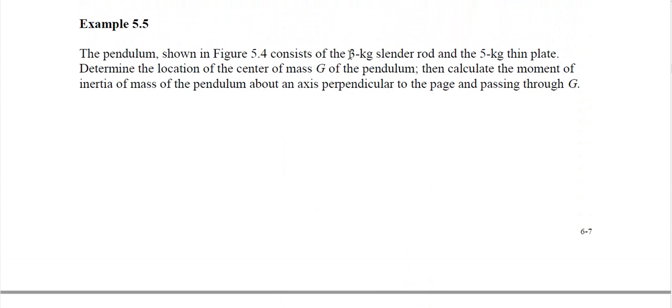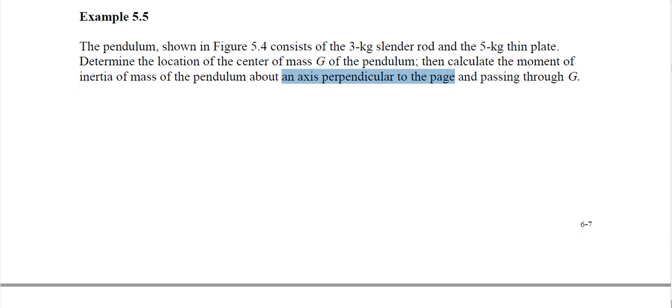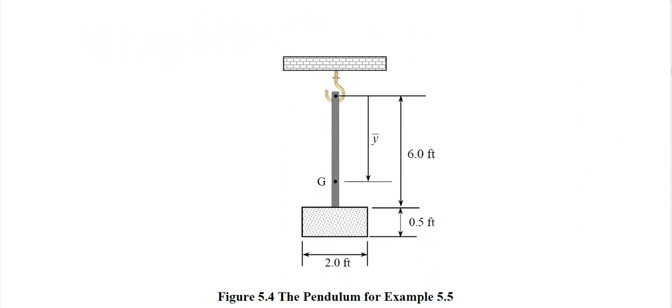Now the problem says a 3 kilogram cylindrical rod and a 5 kilogram thin plate, and we must determine the location of the center of mass of the pendulum, and then calculate the mass moment of inertia about an axis perpendicular to the face and passing through G. Where is our G?